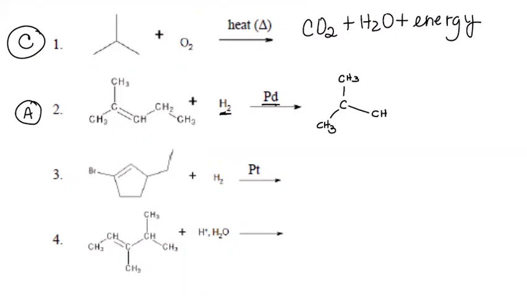This is a CH. This is a CH2. This is a CH3. Now, if I'm doing hydrogenation, what atom is each of these carbon atoms going to get? What atom? Excellent, a hydrogen. So this becomes CH2 and this becomes CH3 because we're making an alkane.